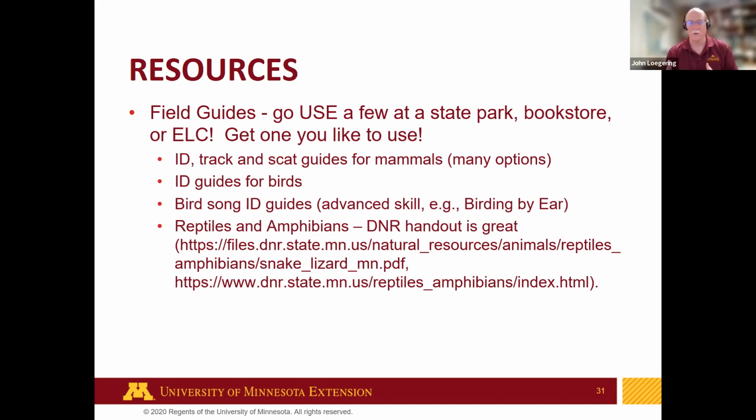You don't have to start with the most complex field guide. Start with something simple. If it's something that appeals to you, you can always go back to the bookstore and find another one, or search on Amazon, or do whatever you do for your shopping. There are a lot of resources out there that are fantastic. Just give them a try and see what works for you.